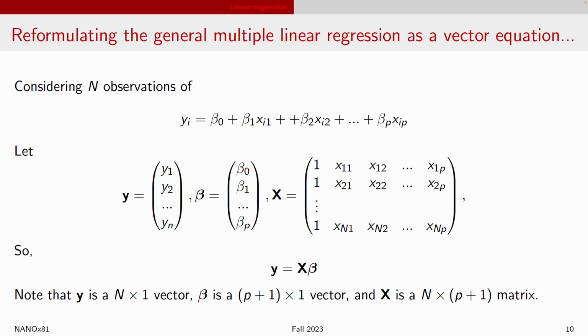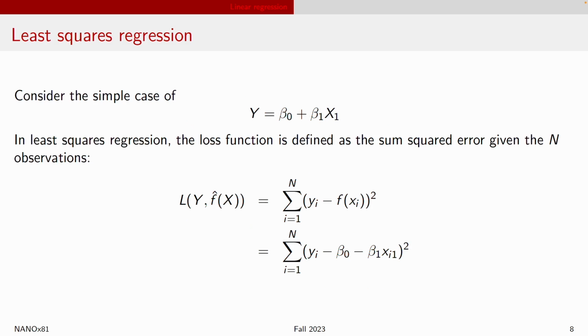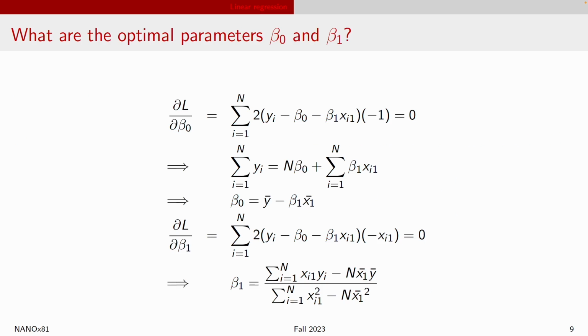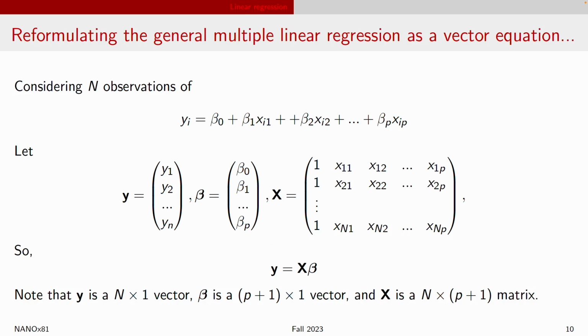With this, we now have a way of finding our beta naught and beta 1. I started with a very simple example where y is a function of one independent variable, x1. But you can generalize this to a multiple linear regression model where y is dependent on p x variables.